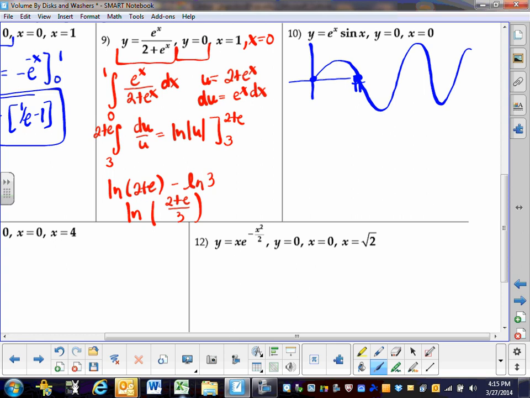But we want the first one between y is 0, x is 0. So we have this. So the area, so the antiderivative from 0 to pi, e to the x sine of x dx. And this one you would have to do on your calculator.